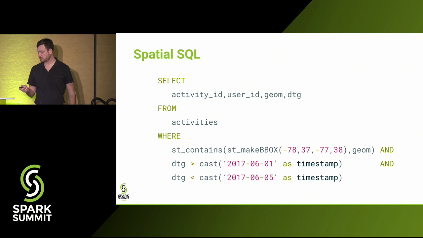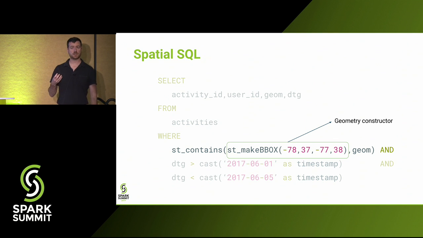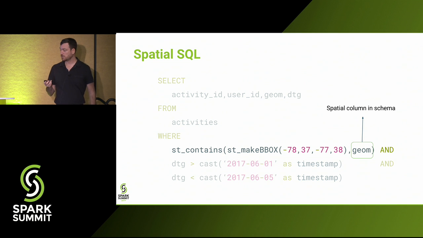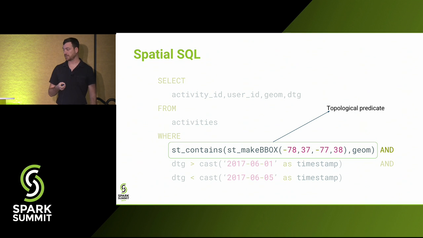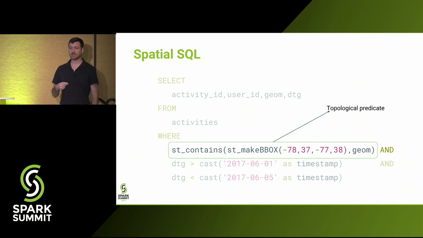So we've got a geometry constructor, stMakeBbox, which will create a geometry literal from a bounding box that we'll use as the query region. We've got a spatial column that we've added to our activities table. And we've got a topological predicate. stContains returns true when the geometry in the activities record is contained within the bbox defined by that geometry literal.